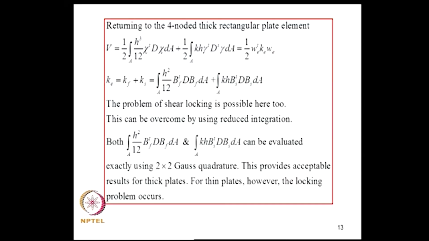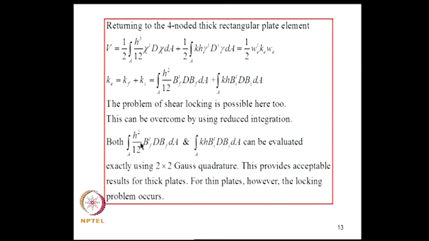Now, let us return to the 4 noded thick rectangular plate element. We saw that the energy expression is given by this, and we found the element stiffness matrix in terms of flexure and shear, using this formula. Now, the problem of shear locking is possible here too. This can be overcome by using reduced integration.